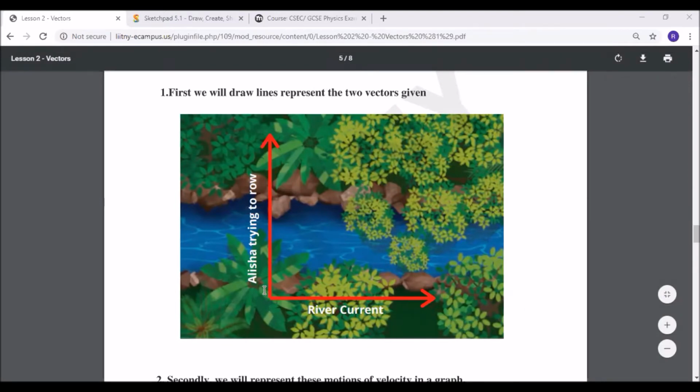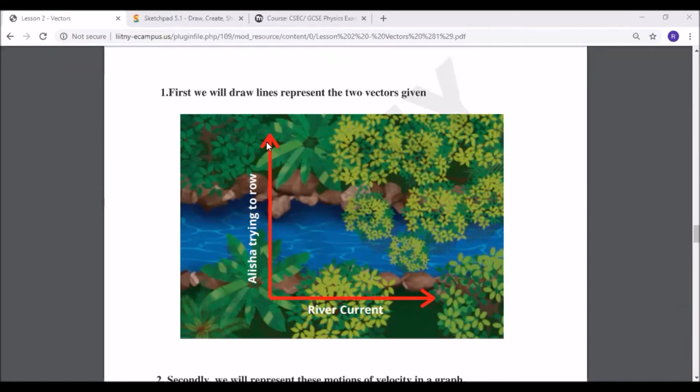And here is the first vector, which is Alicia trying to row across the river at 2.5 meters per second in that direction, and the river's current is traveling in this direction at 5 meters per second, and that's a velocity, sorry.